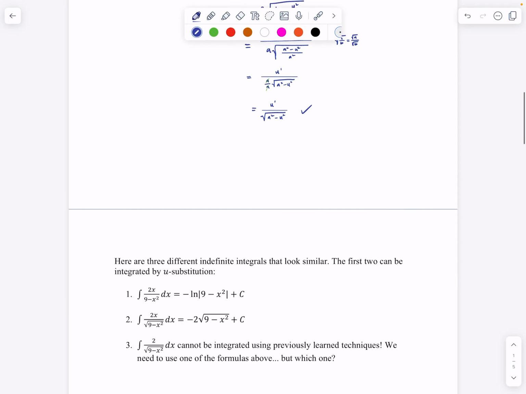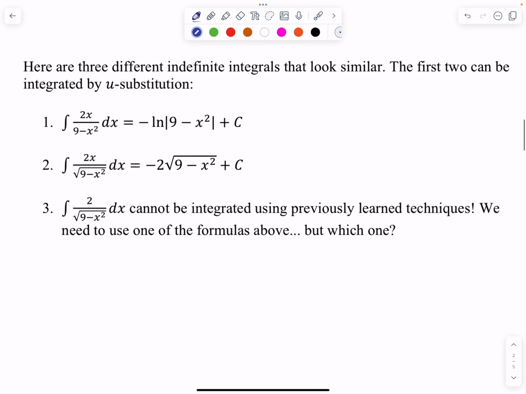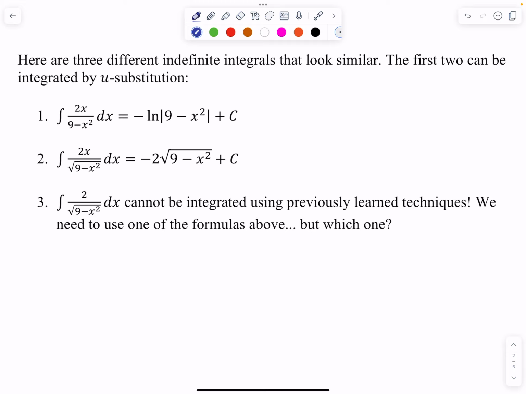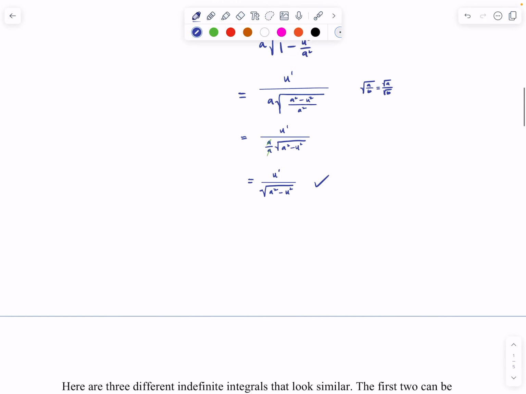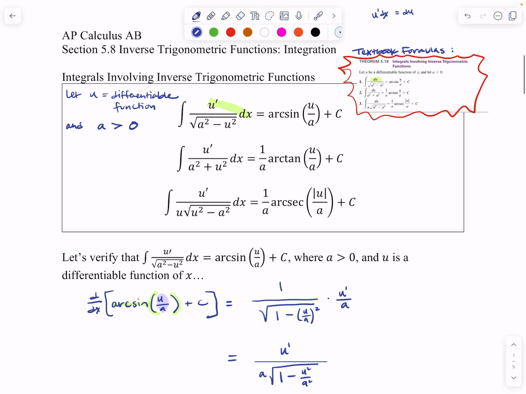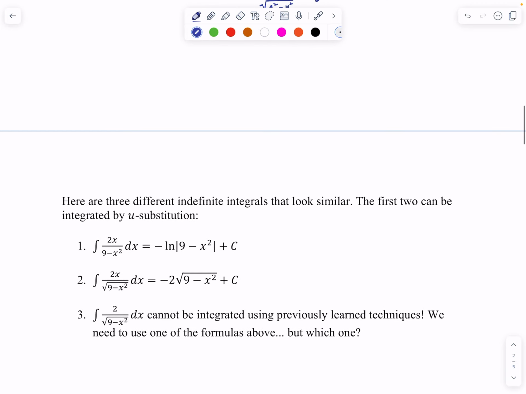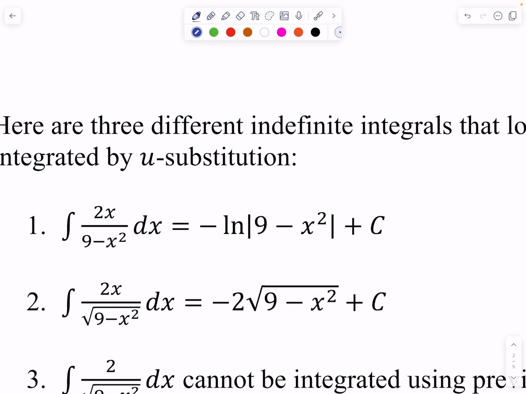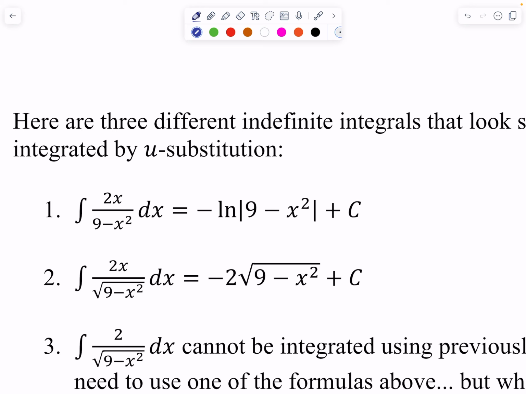Okay, so we've differentiated, or sorry, not differentiated, we've integrated functions that are fractions before, right? So like to integrate 2x over 9 minus x squared, you can do a u sub, and then integrate from there. Like we have our formulas, right, that we can integrate that function.